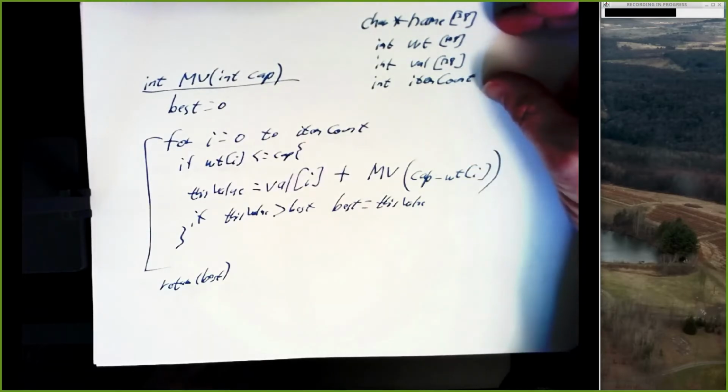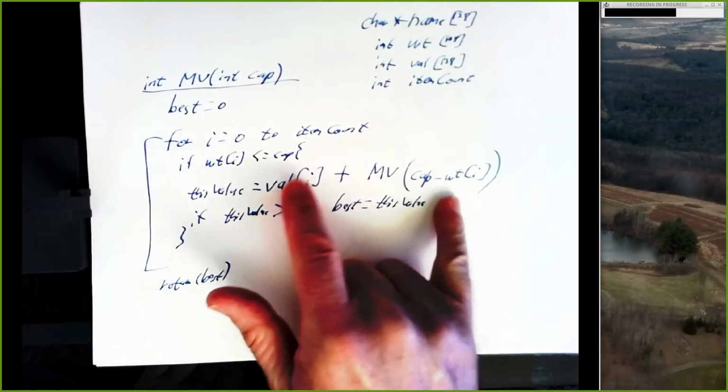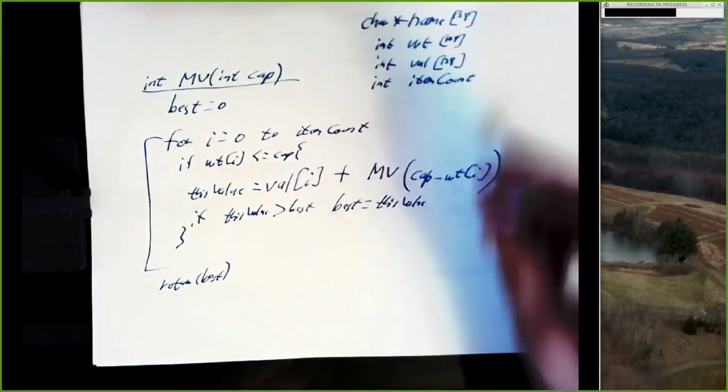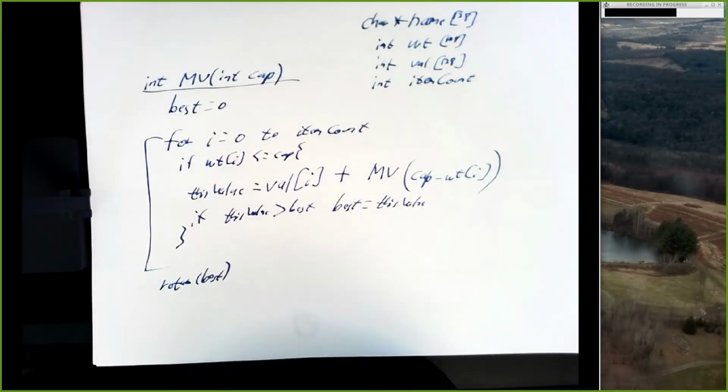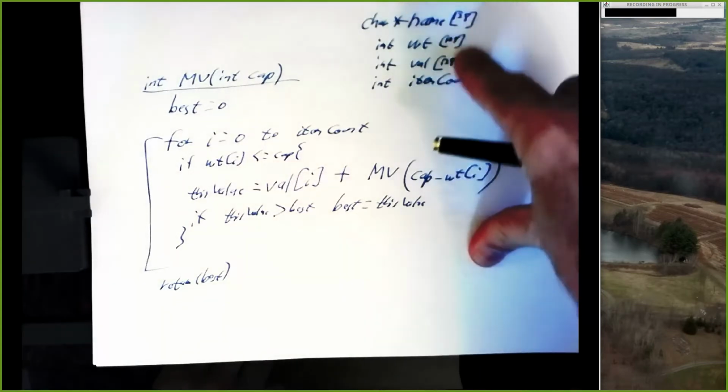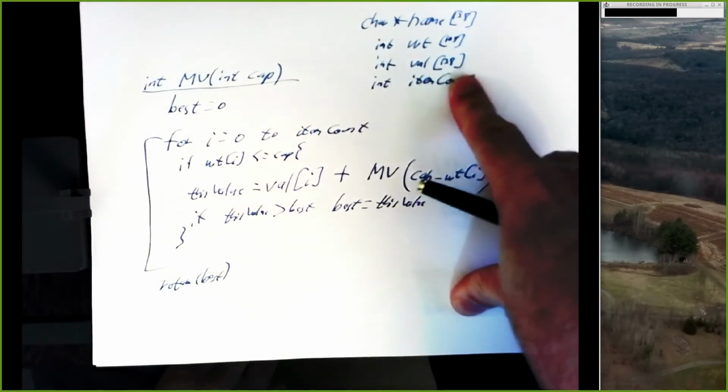I'm assuming these are available to use here. We're not really using the name, but I have access to the weight and value arrays, which again, for development purposes could just be globals. I did a dynamically allocated array of structs, but that's probably too complicated to really want to do. Yeah, you should be able to do everything statically, because 128 items, so we know that these don't have to be bigger than 128.